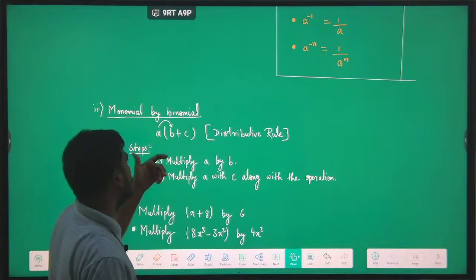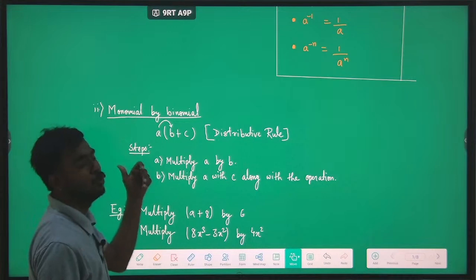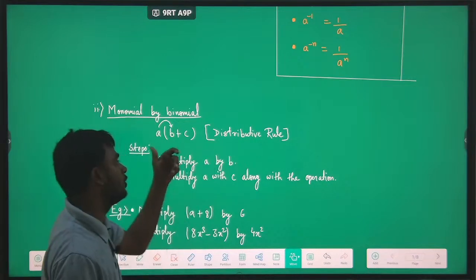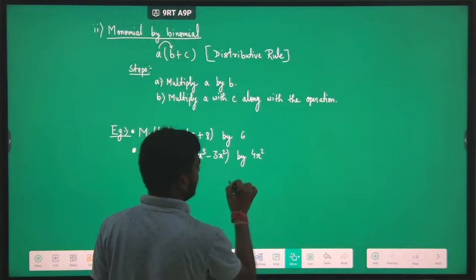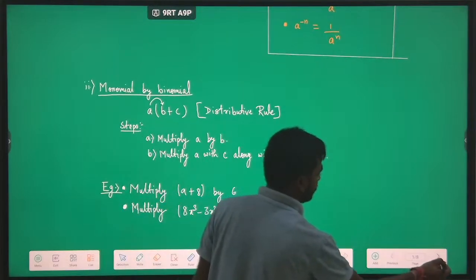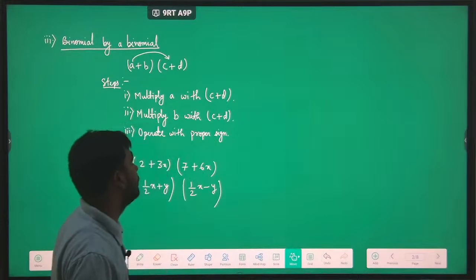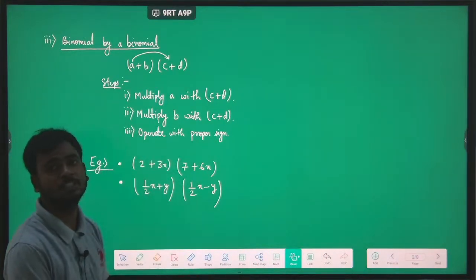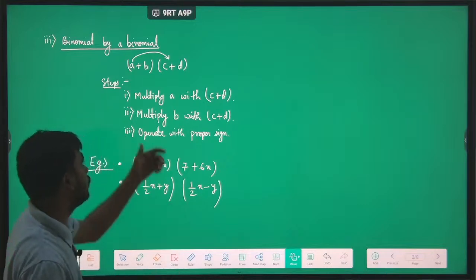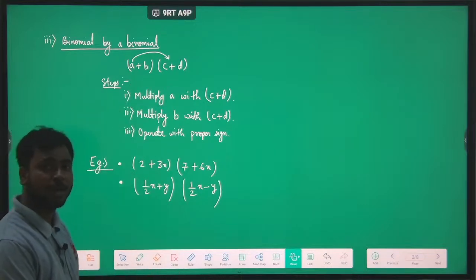So we will see how to multiply monomial with monomial, monomial with binomial, and our third part is when we multiply binomial with binomial. The third part which we have to study in this class is multiplying a binomial with a binomial.